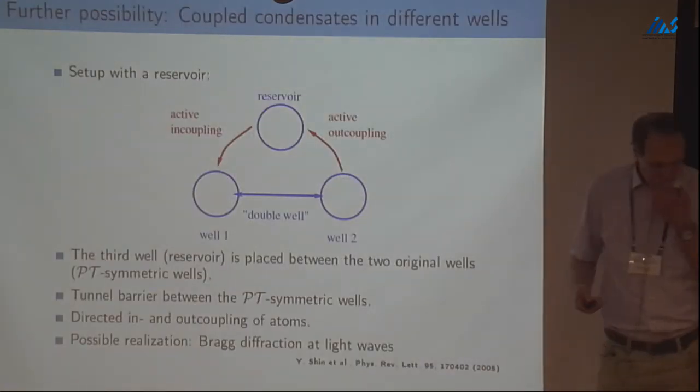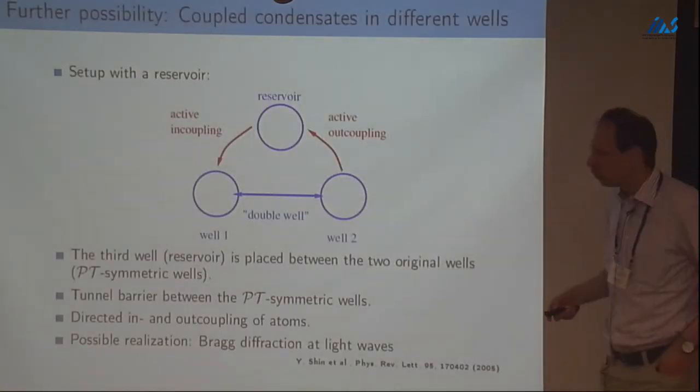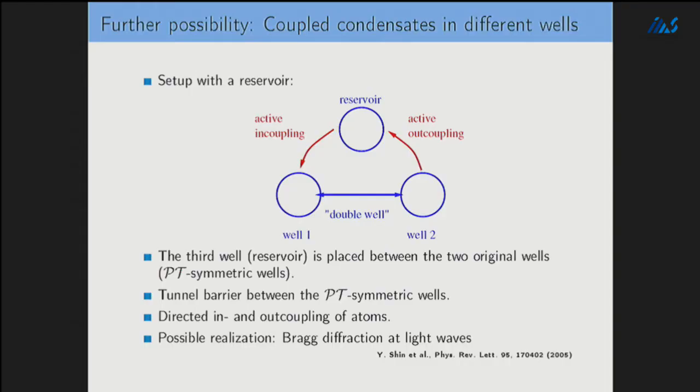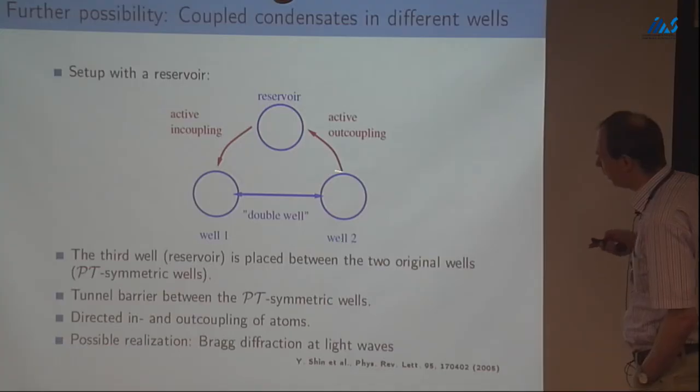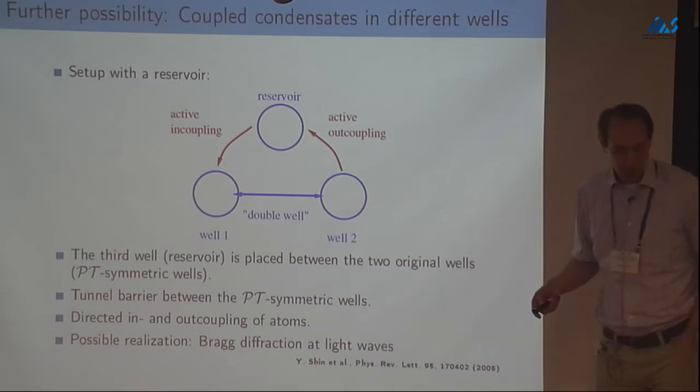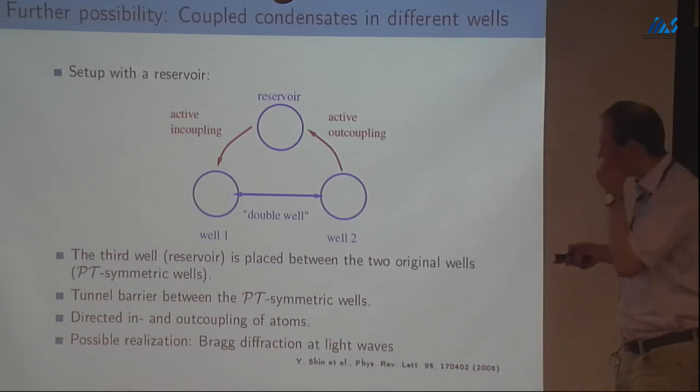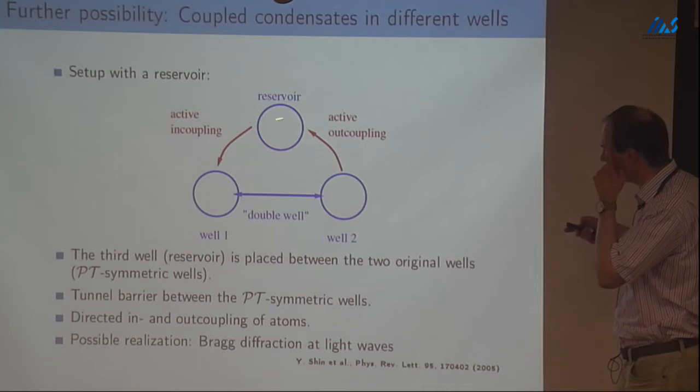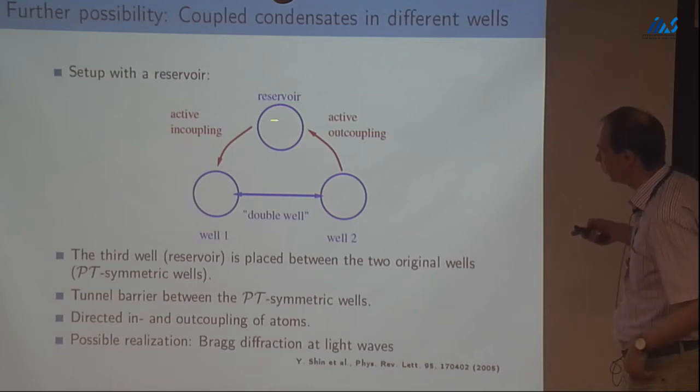Now I want to go to another idea which is more challenging, I think, but it has some interesting aspects to study, and this is what I want to do now. The idea is that we again have a double well, and that we somewhere have some reservoir of atoms, and have an active outcoupling from this reservoir and incoupling into our double well structure, an active outcoupling here and incoupling to our reservoir.